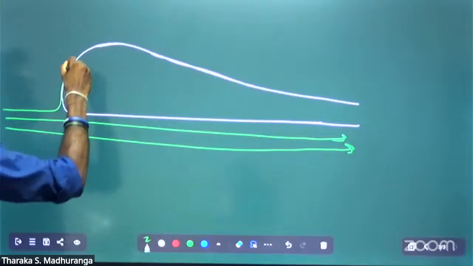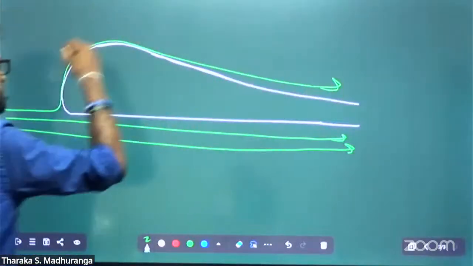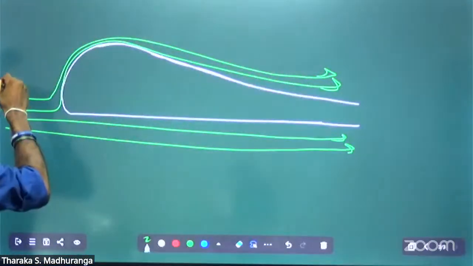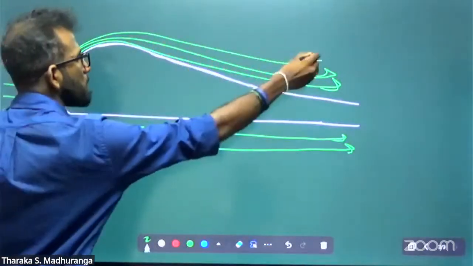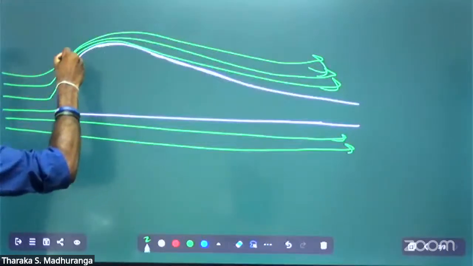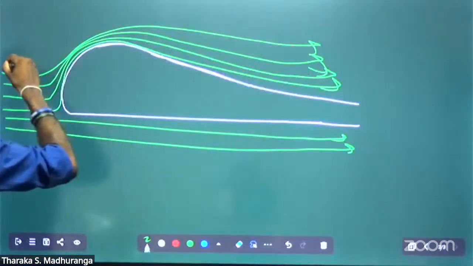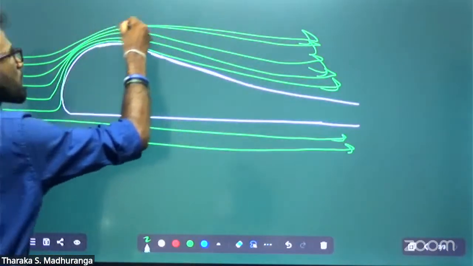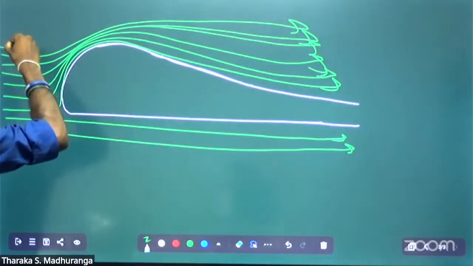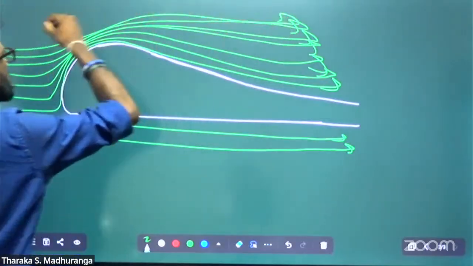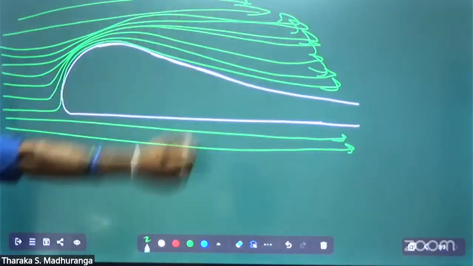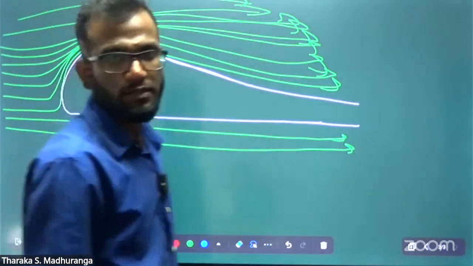They are streamlines, moving like this. Now again, going as normal.